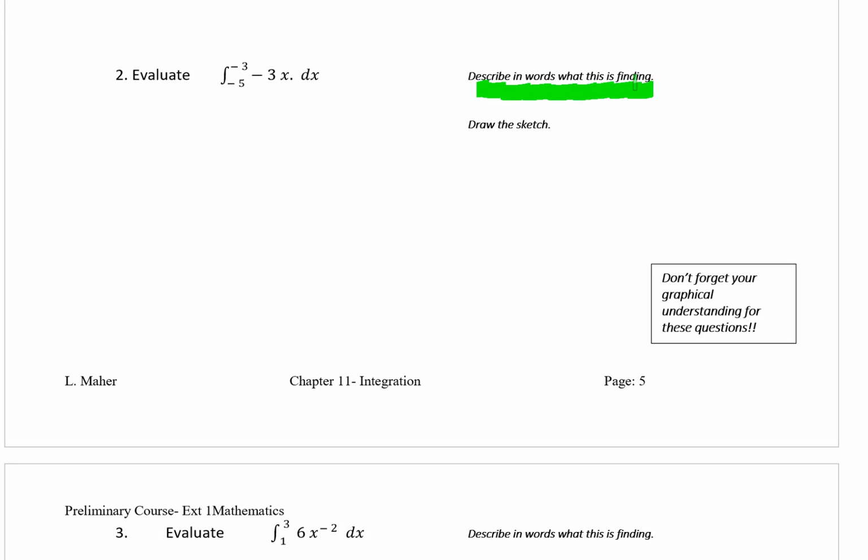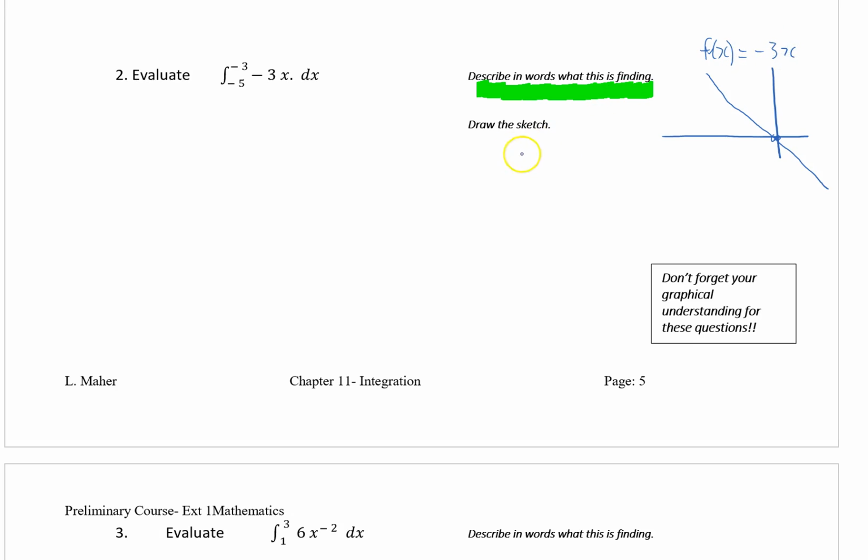So what this is actually finding is the area under, and it's actually not a curve, it's a straight line. -3x is a straight line. Goes through here because when x is 0, y is 0, and it's got a slope of -3. So this is our function in x is -3x.